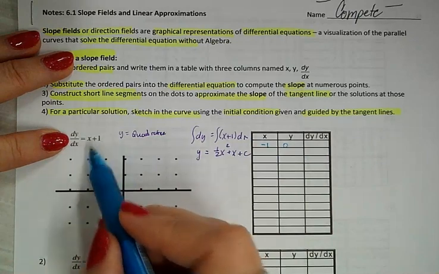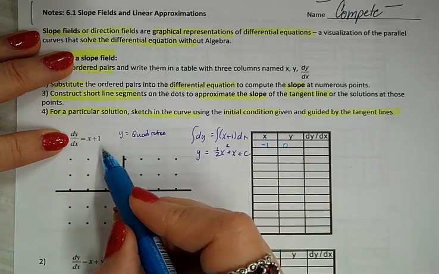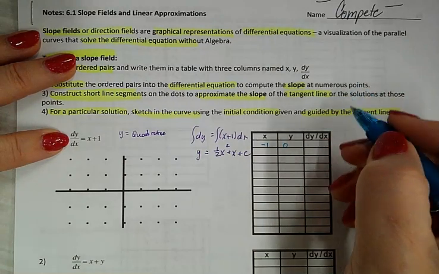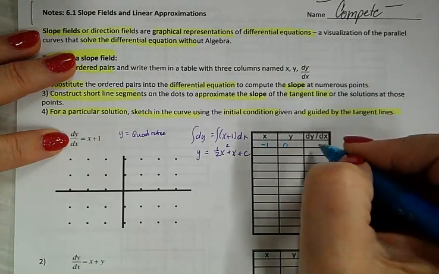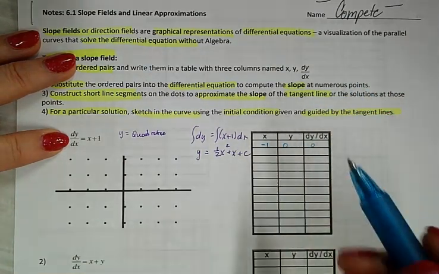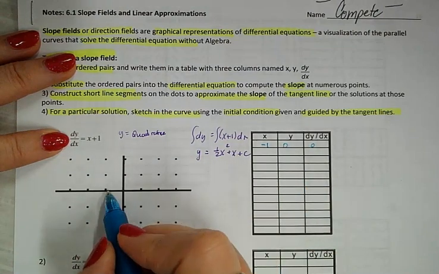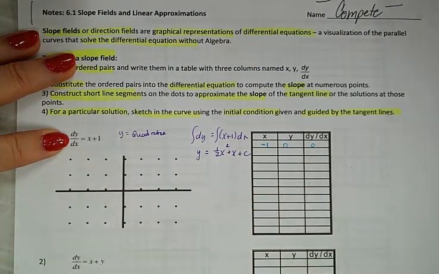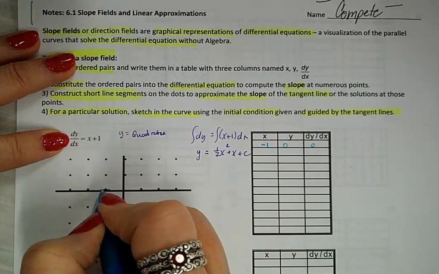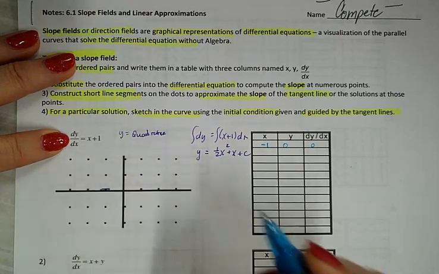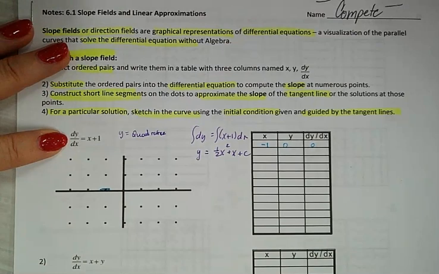Well, there's no y to plug in here, so I'm really just plugging in my x. So what is -1 plus 1? The slope then is going to be 0. So I go to the point -1, 0, which is right here, and I'm going to draw a horizontal tangent line.